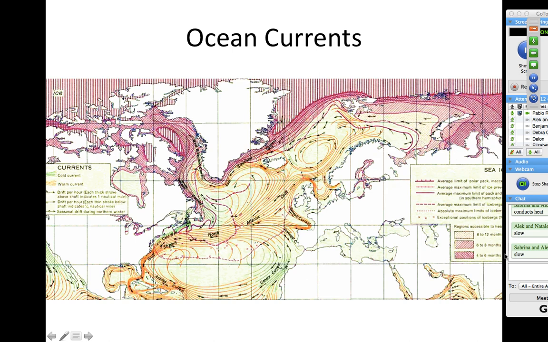There's other legends outside of this picture, but you see that this part here in the north, in the Arctic Sea, is covered with ice 6 to 8 months of the year. So most of the time it's totally covered with ice.